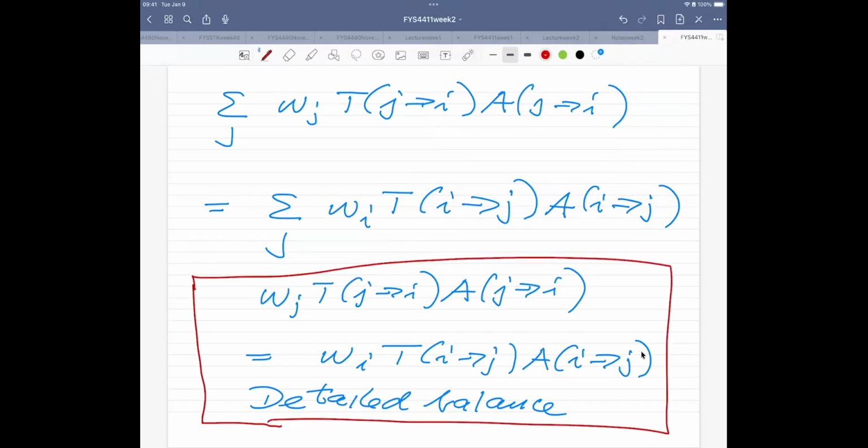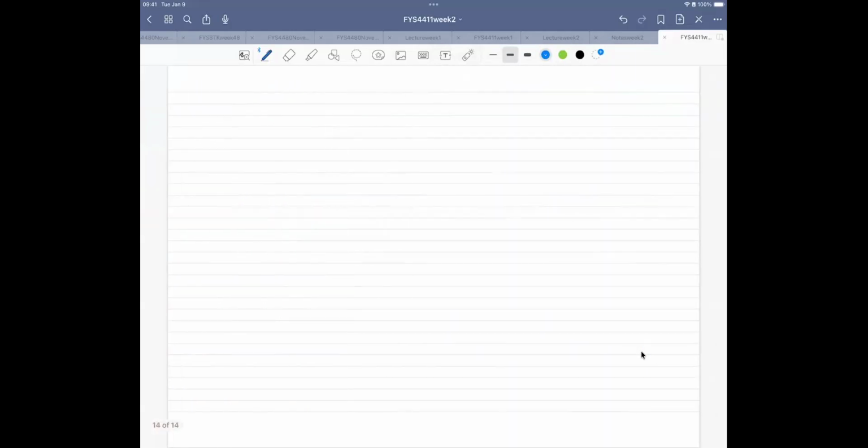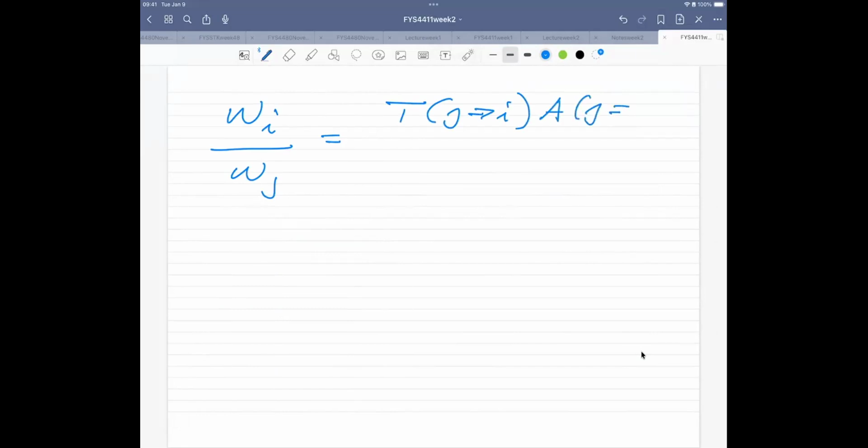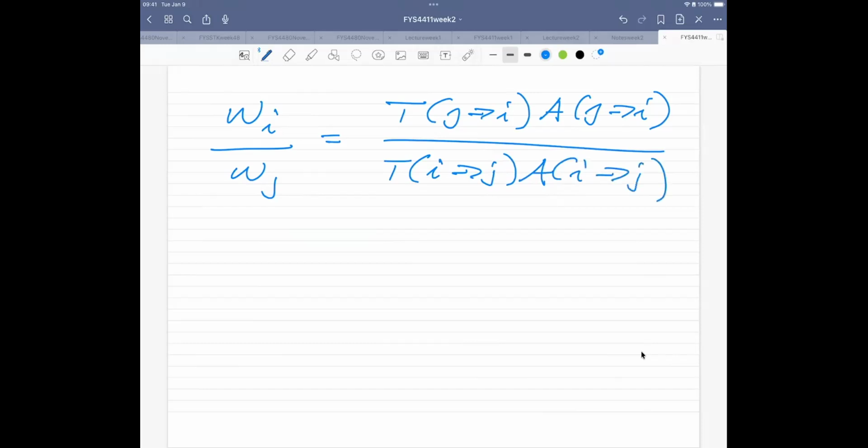So if I take that equation and I look at the ratios, the next step which I'm going to do is simply to divide with W_i on both sides, or W_j. So I can set up the ratio of W_i divided by W_j. And this is equal to T(j→i) A(j→i) divided by T(i→j) A(i→j).